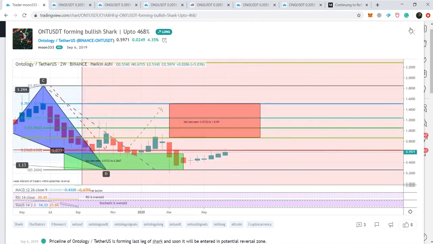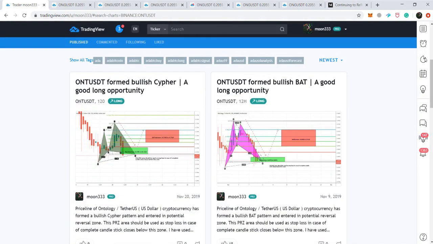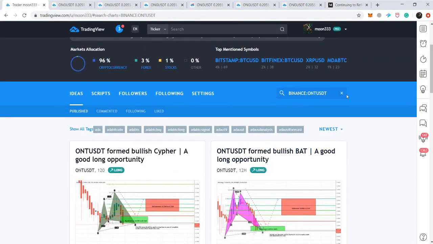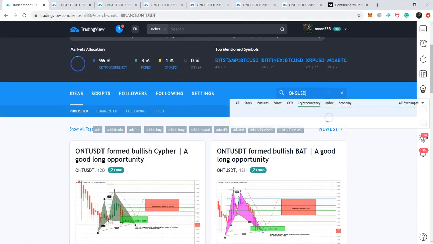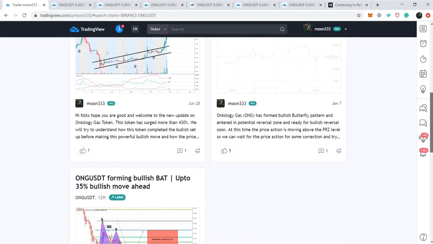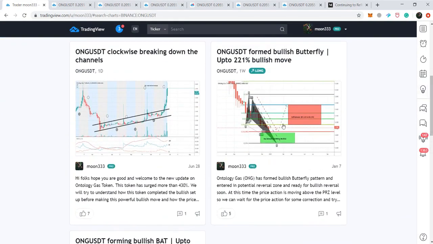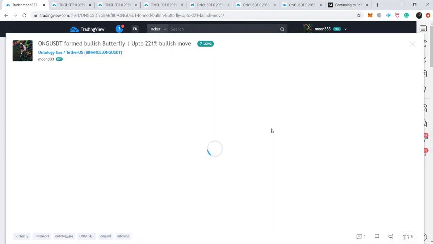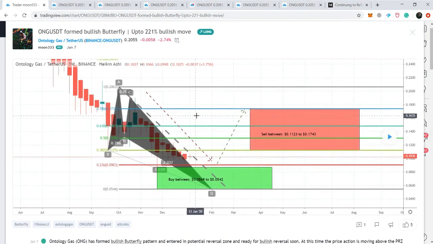Now, if we take a look at my ONG, the Ontology Gas chart, this was the chart, and I posted it on January 7, 2020, and the price action of Ontology Gas had just completed the final leg of this bullish butterfly pattern.